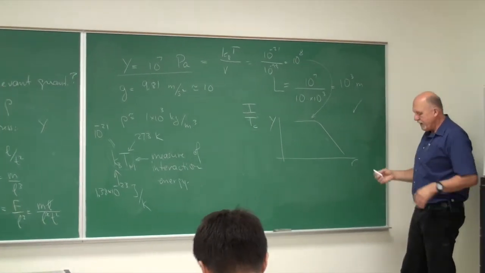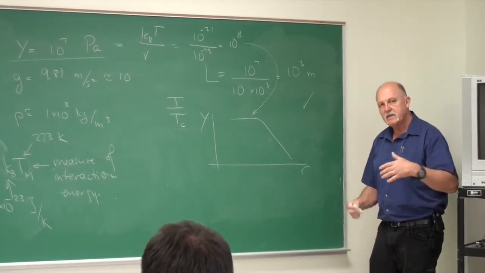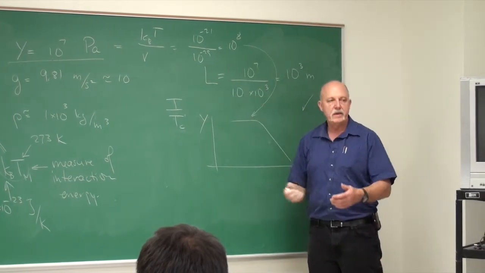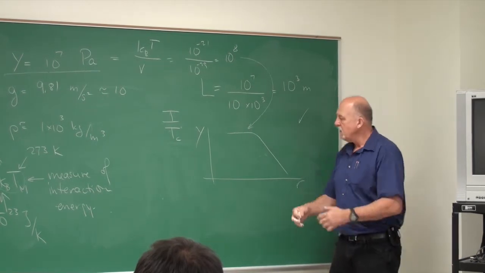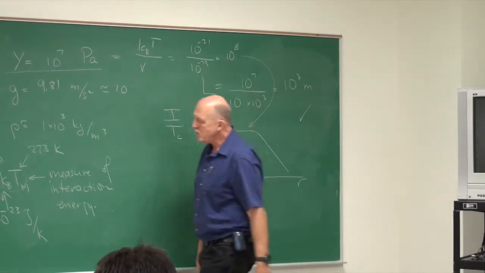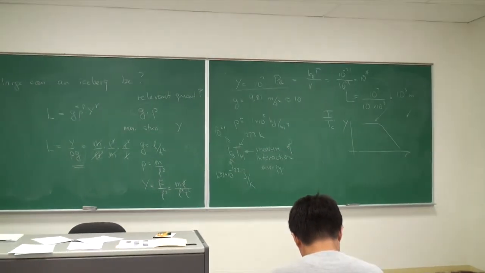So if you make things so small that the probability of having a defect is vanishingly small, then you can get to this value that you would predict just based on intermolecular interaction. If it's too big, you have defects. Okay, so, all right, this is a good story.